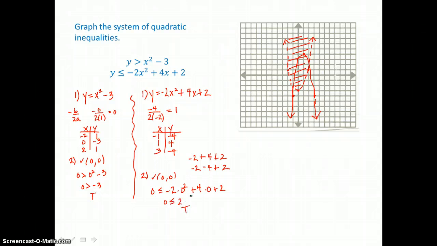That's true again. So I'm shading inside this parabola opening down also, which means the overlap, the solution to the system, is in this region. And it includes the solid parabola opening down, but not the broken parabola opening up.